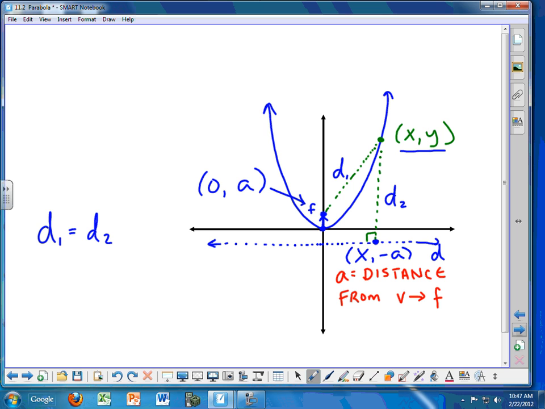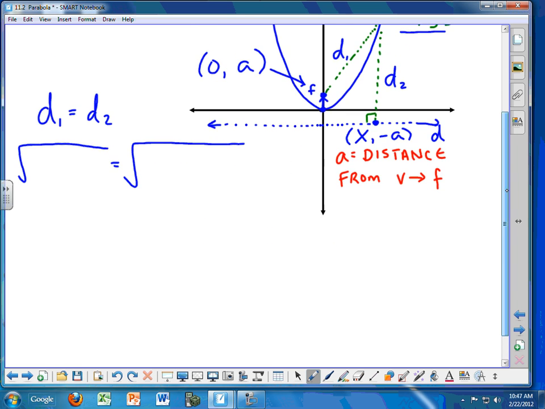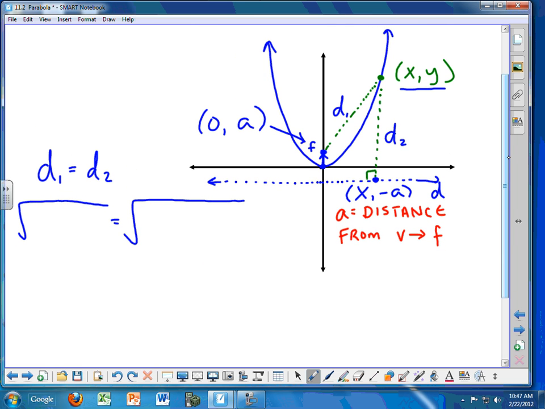We're going to have 3 points and 2 distances, and we'll work these out. Of course, when we do the radical for these, we'll take the radicals off both sides in just a minute. Let's begin with d1. d1 is going from the point x, y over to the focus.